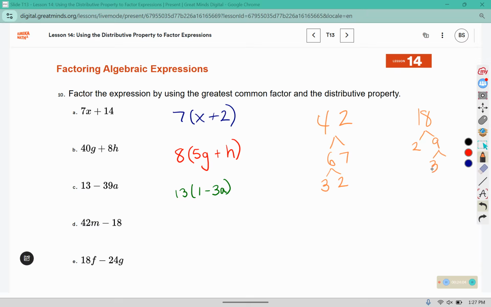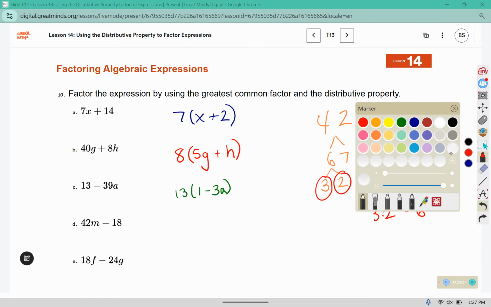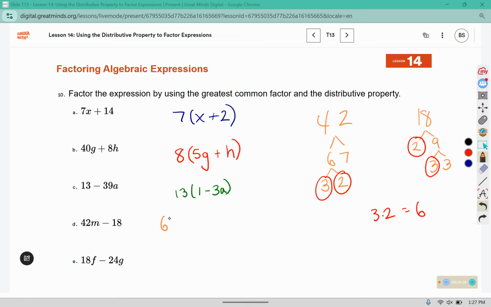And 9 can be broken down into 3 times 3. They both have a 3, and they both have a 2, so the greatest common factor would be 6. 6 times 7 makes 42, and 6 times 3 makes 18.